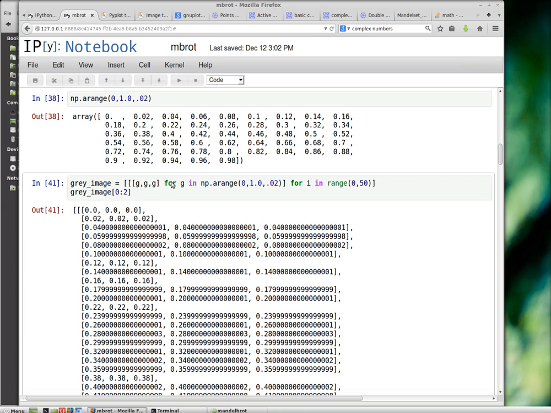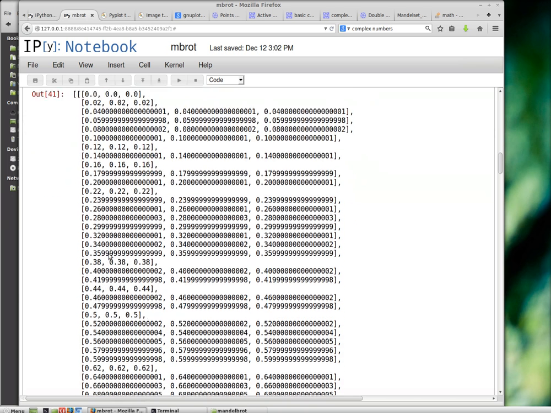And oh, I guess there is a point for that, isn't it? Because this is making it gray, so it's going just like these numbers, except it's being multiplied times 3. 0, 2%, 4%, 6%, 8%, 10%, etc.